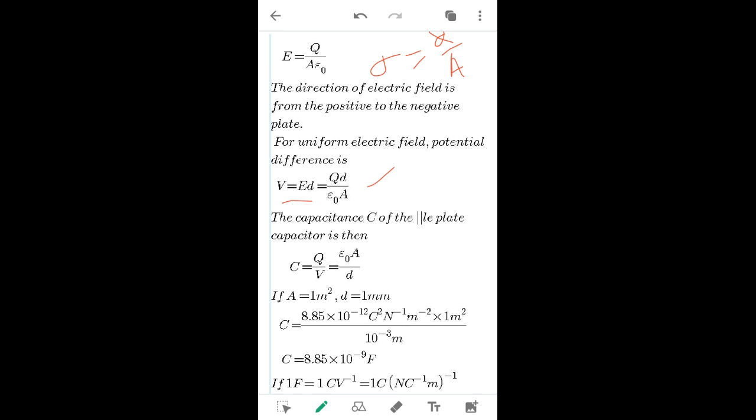Now what is the capacitance? We got E as well as V, and now we want the capacitance of the parallel plate capacitor.